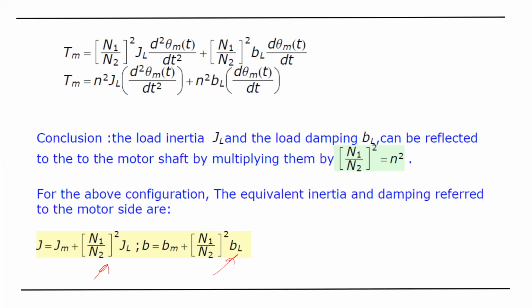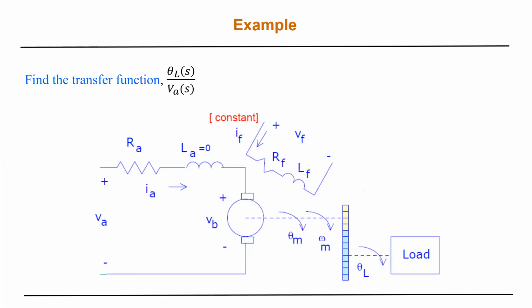So let's take an example. Suppose I want theta L to VA. By the way, what type of motor am I using here? Armature controlled. Armature control, because I'm keeping the field constant.